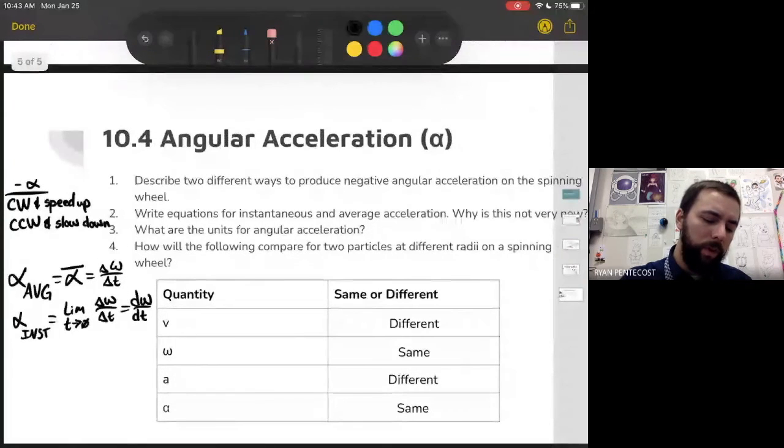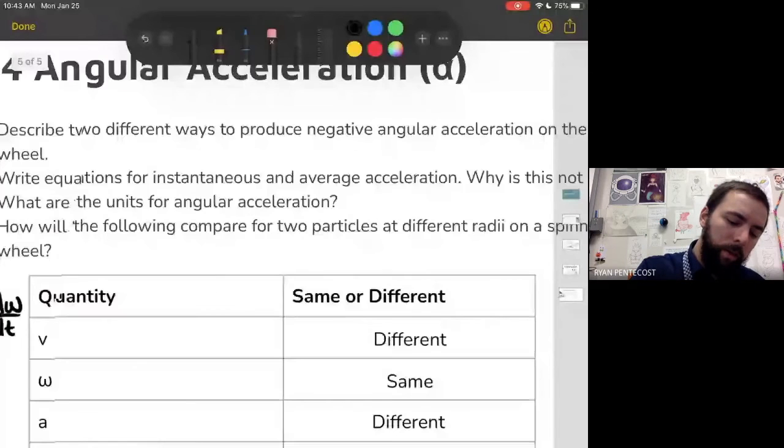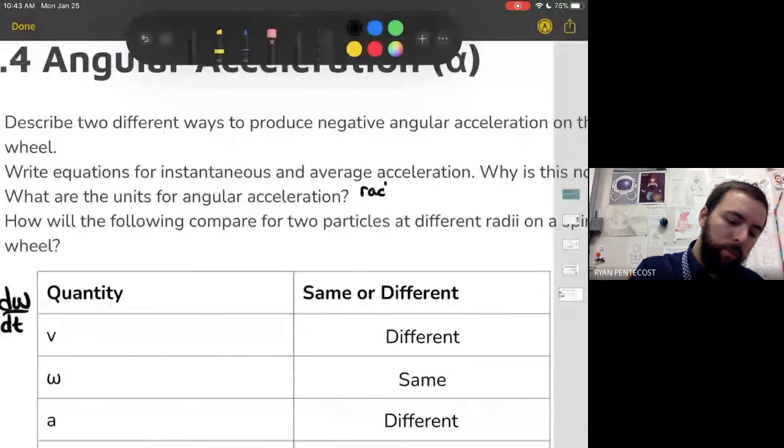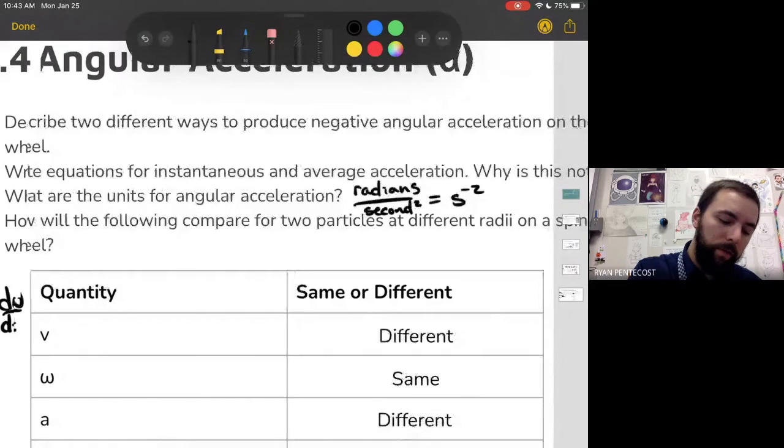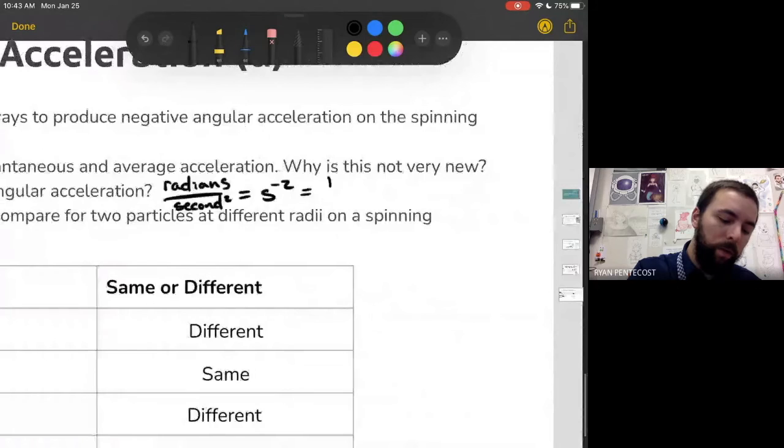Now, what are the units for angular acceleration? So here, the unit could be read as radians per second squared, or you would write this as s to the negative second power, which kind of translates to 1 over second squared.